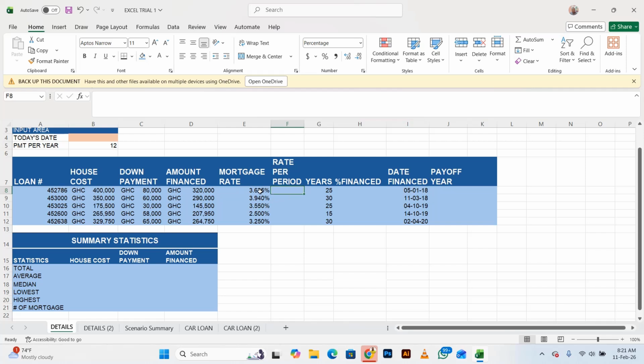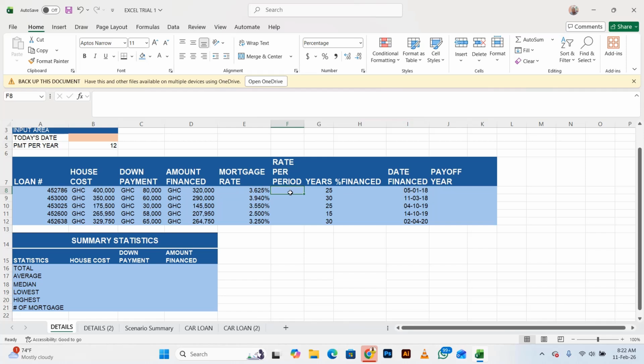And for that matter, you need to divide this by the number of periods that you will be paying. So if you were told that you'll be paying it 100 times, it means you divide this rate by 100, and then you will get the rate per period. I hope you understand. So this is also an understanding that we need to get.